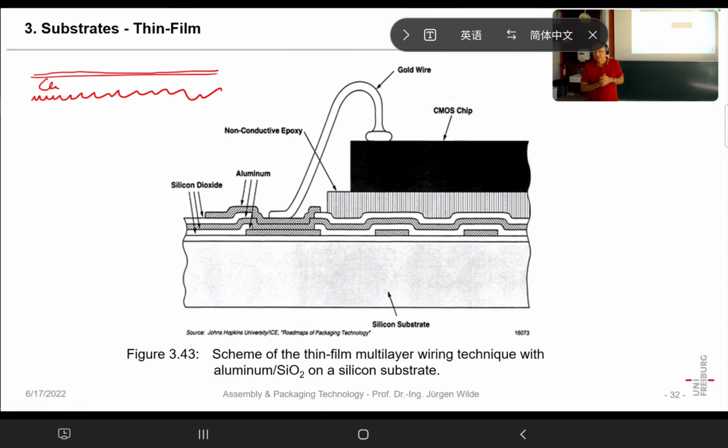I once had a project together with a colleague from our business unit, and again, we didn't do it as a multi-layer. We just used silicon oxide and a layer of aluminum, and that was sufficient. Yeah, and then afterwards, for instance, we can put on a chip. We can put on that chip typically by adhesive bonding, because you cannot solder a chip to aluminum.